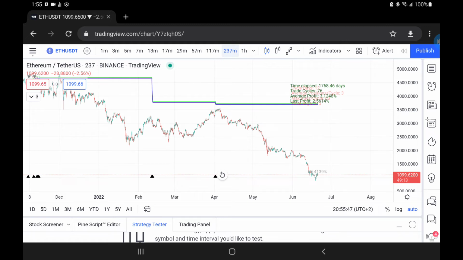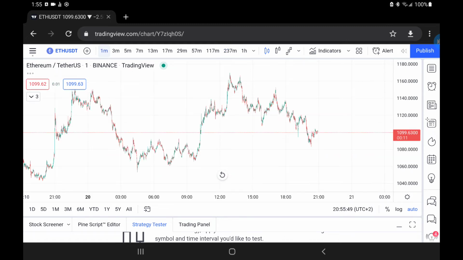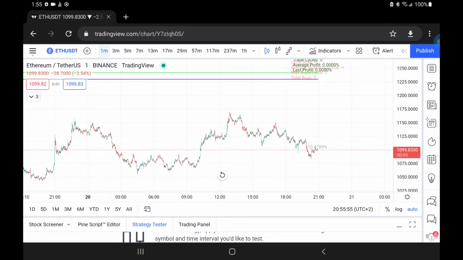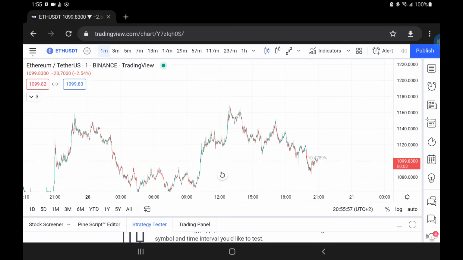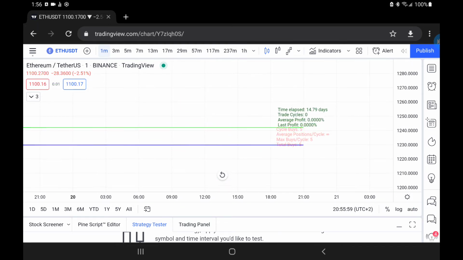For example, let's go to the 1 minute time frame and find out what it thinks. Okay, it's been a pure downtrend, but even at the 1 minute, it's only made 5 purchases per cycle.